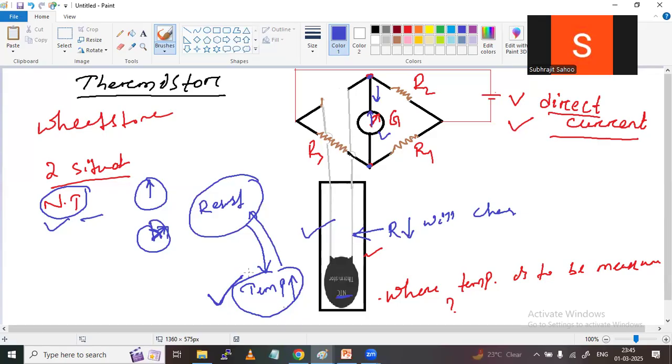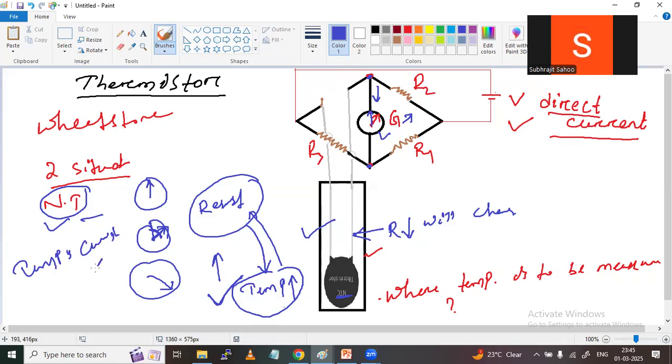If the temperature is higher here, more current will flow, which means the galvanometer will deflect more. So there is some proportionality between temperature and the current, or electrical signal.